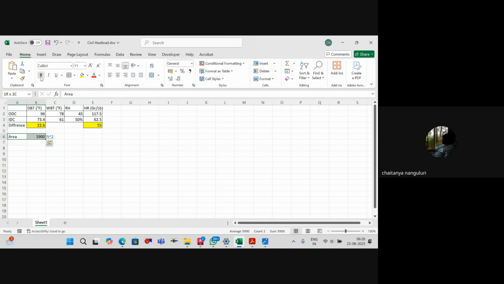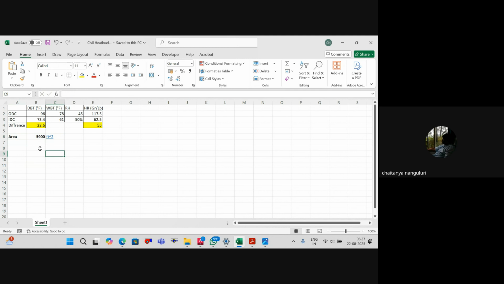Now coming to the next one, each direction we have to calculate. We have to calculate sensible heat gain due to exposed wall, exposed glass, partition wall, all those things you remember. So we'll calculate with those.